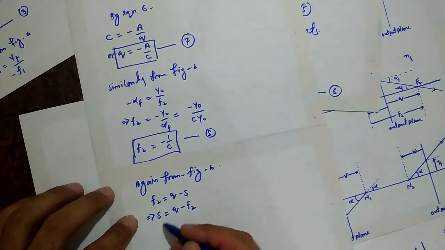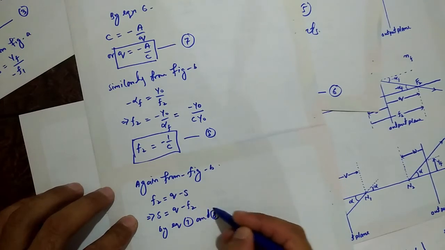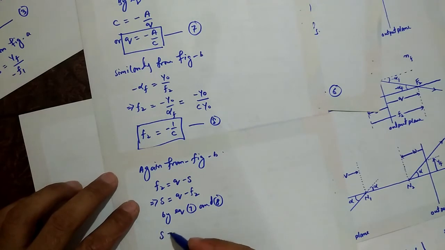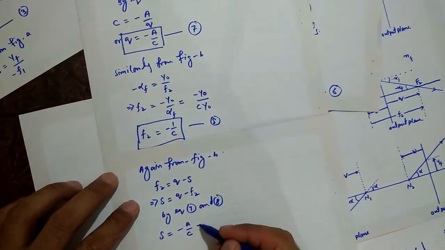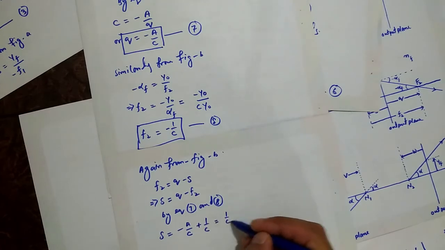So by equation 7 and 8, s will be equal to q is minus a upon c minus f2. So these negative signs will become positive, and this is 1 upon c. Or this will be equal to 1 upon c minus a upon c.